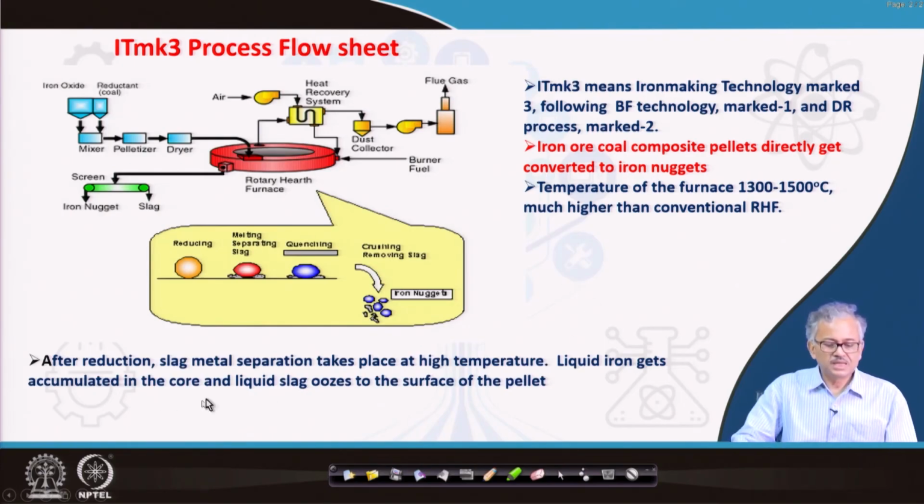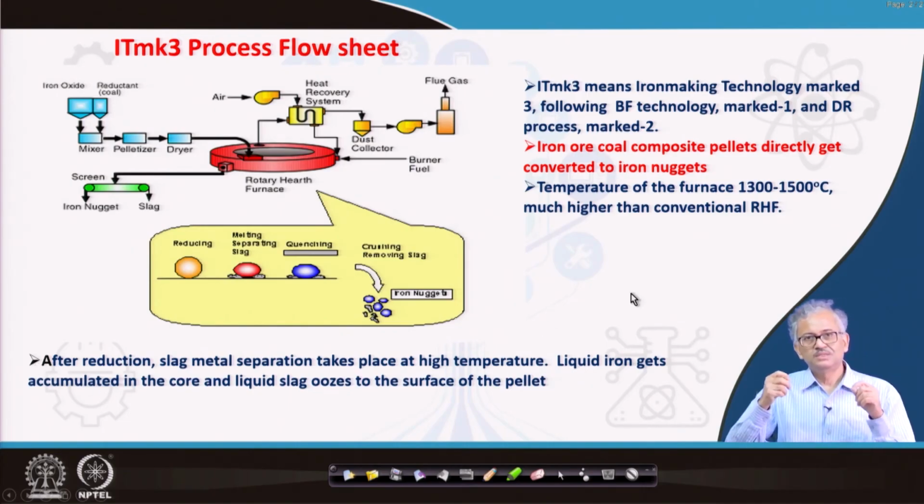After reduction, slag metal separation takes place in the high temperature zone. Liquid iron gets accumulated in the core. Liquid iron is carburized, because the iron is there in the presence of carbon, so at high temperature it will get carburized and it will melt at a lower temperature, around 1400 degrees centigrade.